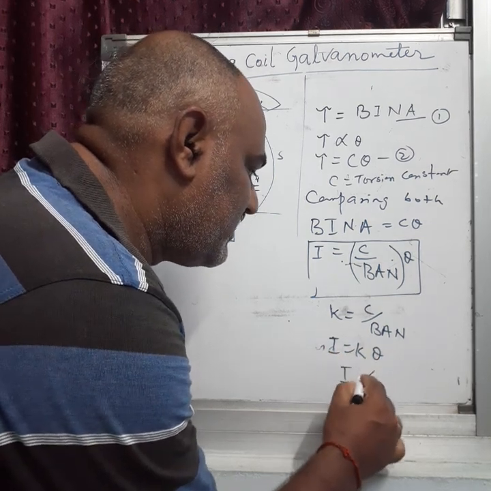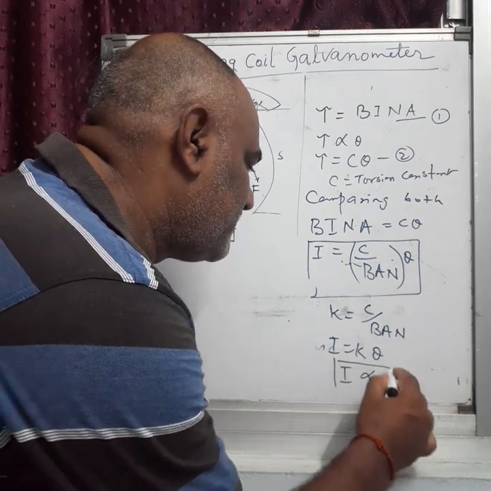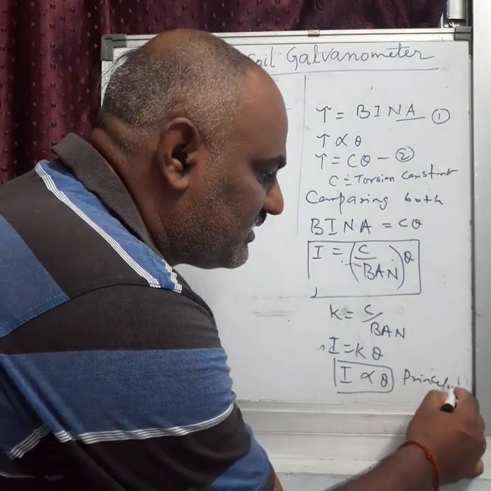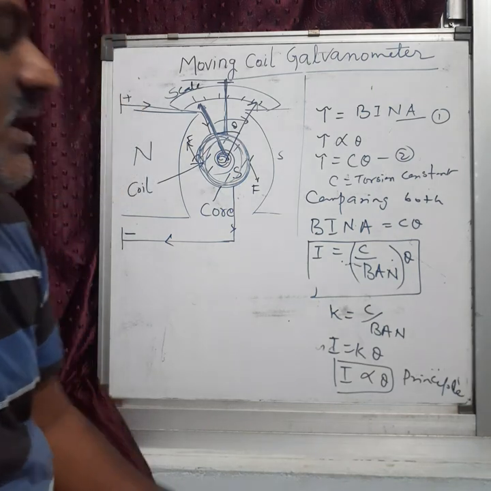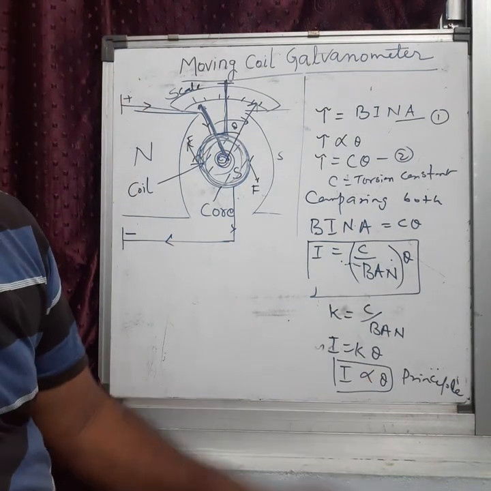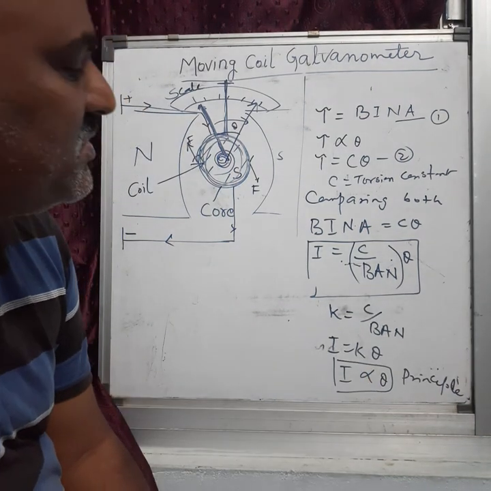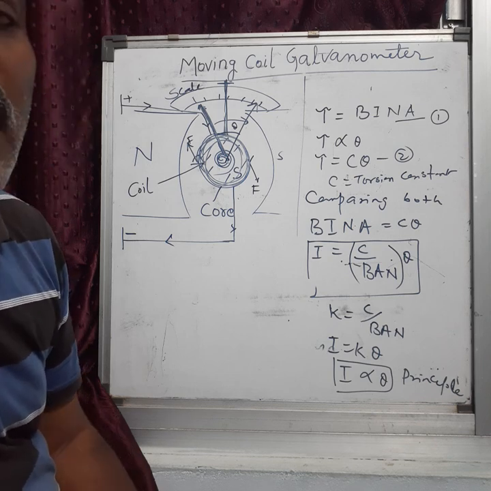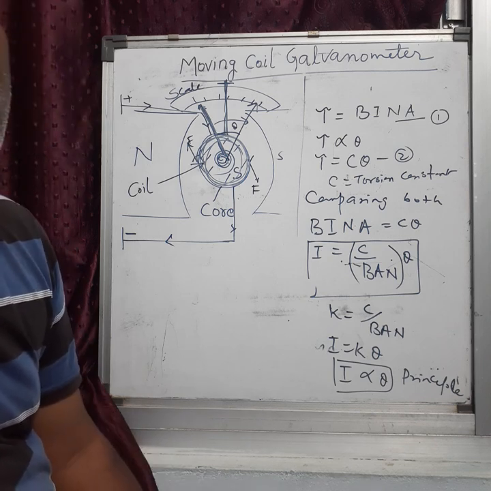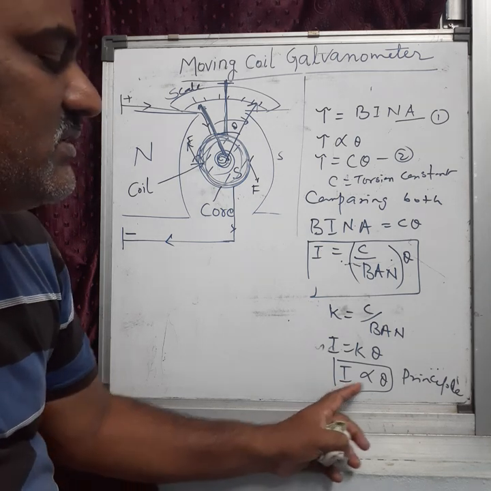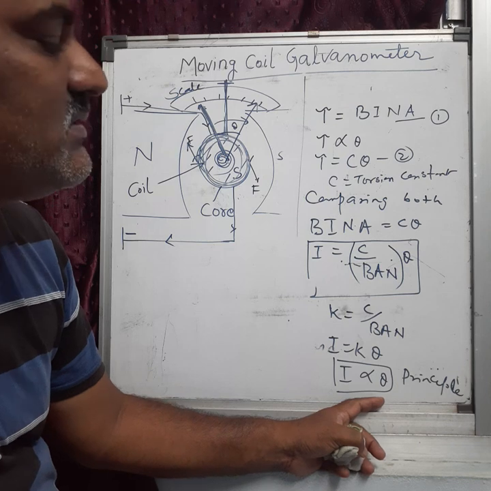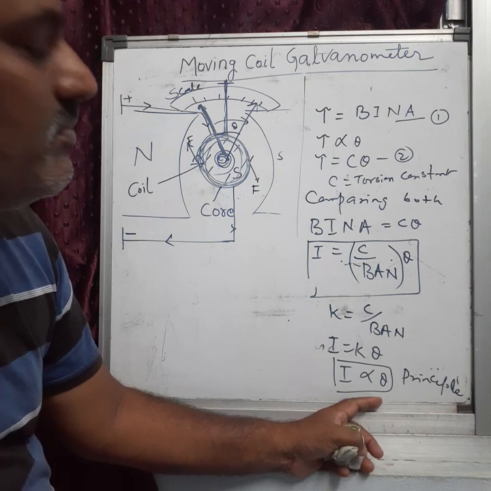So I is directly proportional to theta. This is the principle of the galvanometer: current is directly proportional to the deflection, meaning as much current you give to the coil, that much deflection you will get.